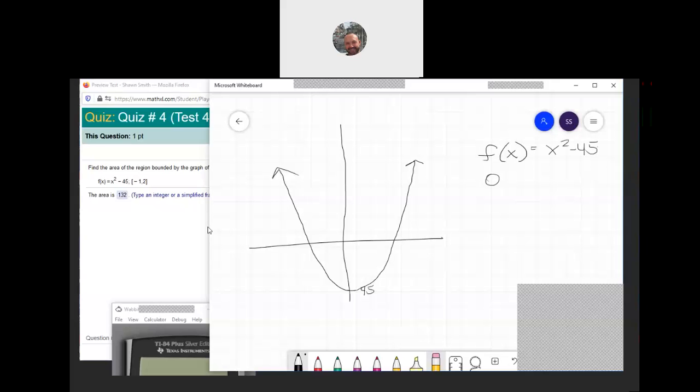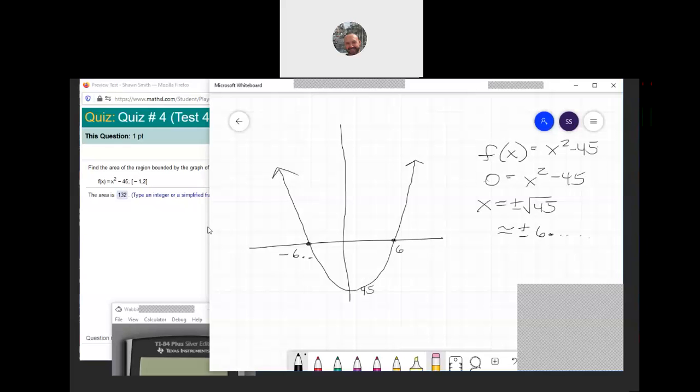If I set this equal to 0, y being 0 would give me the x-intercepts. So x is equal to plus and minus the square root of 45, which is what? 6 point something, almost 7. I can use calculator if I want, but that's good enough. All right, so this is at -6 point something.